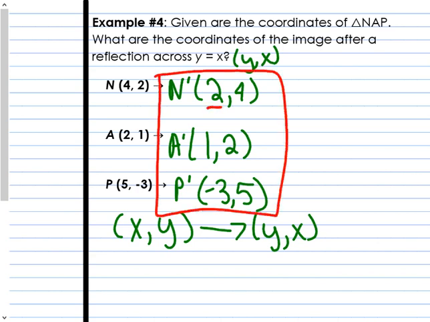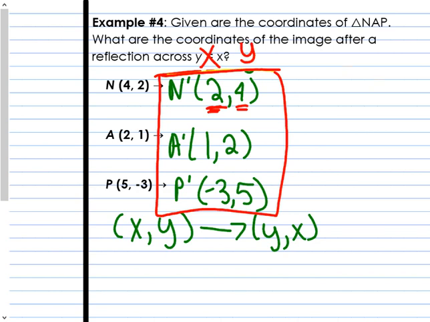Okay, 2 is still in the x location, so I would still graph this 2 on the x-axis, 4 on the y-axis. This spot is always the x spot, and this spot is always the y spot. Okay, this is still x, this is still y.